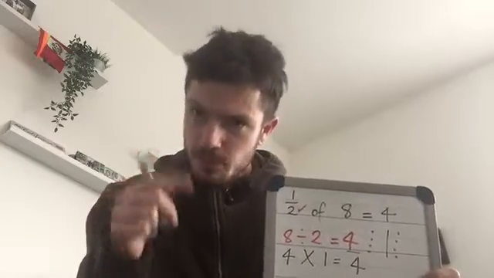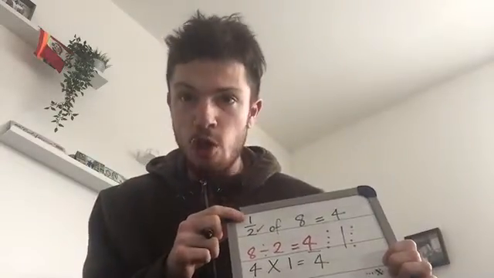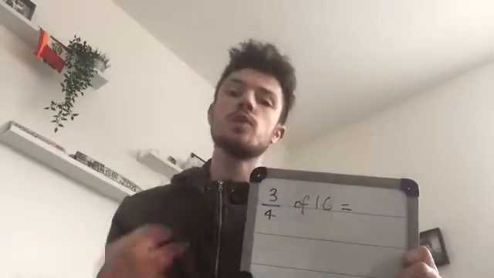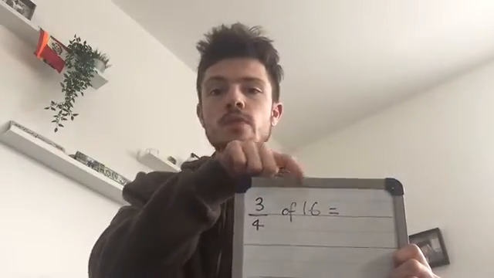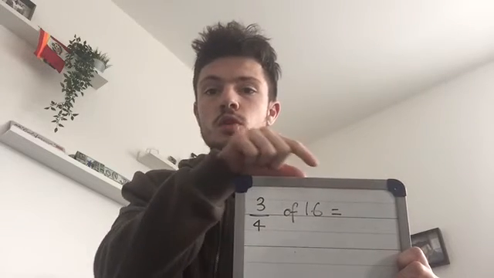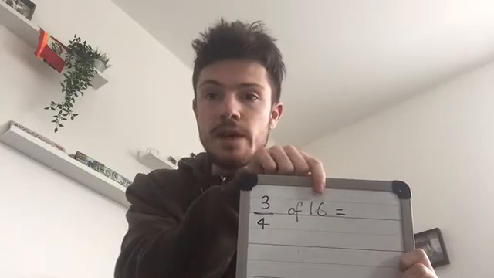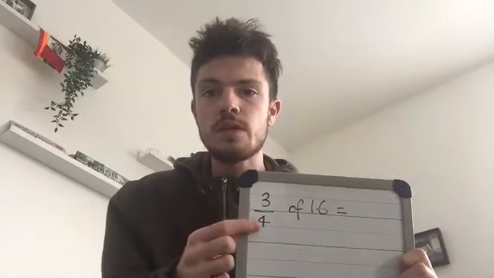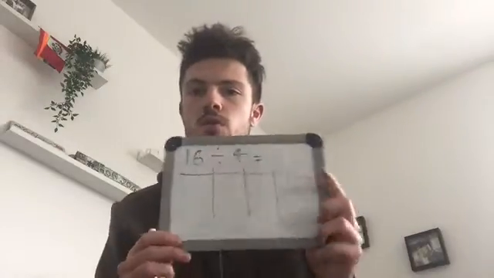Let's do a different one, and let's change the numerator on the top, so it's a bit trickier for us when it comes to the timesing part. This one is 3/4 of 16. You've got your 16, and you're dividing by the bottom first. So it's 16 divided by 4. I've turned onto the other side of the board just to make it clear.